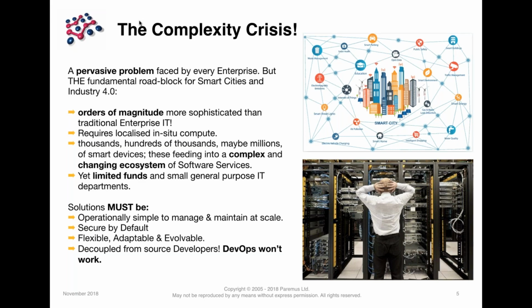It's flexible and adaptable and evolvable. It needs to be simple to evolve over time, simple to change to meet new requirements, simple to upgrade, to patch. And finally, it's going to be decoupled from developers, because in these very large federated environments like smart cities, there's not going to be a DevOps team aligned with your transport system and your energy monitoring system.